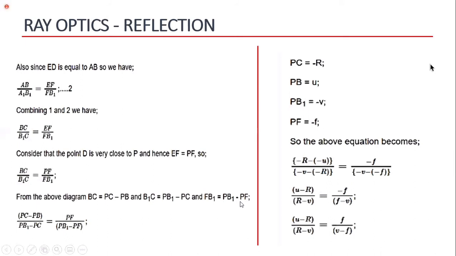I'm going to substitute them here. PC minus PB divided by PB1 minus PC is equal to PF divided by PB1 minus PF.